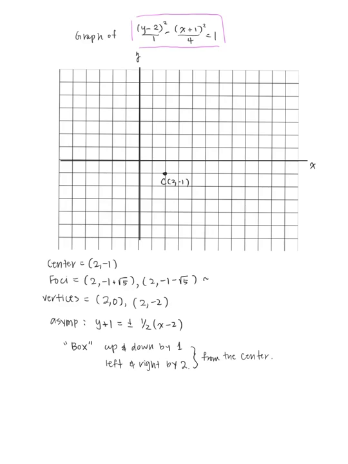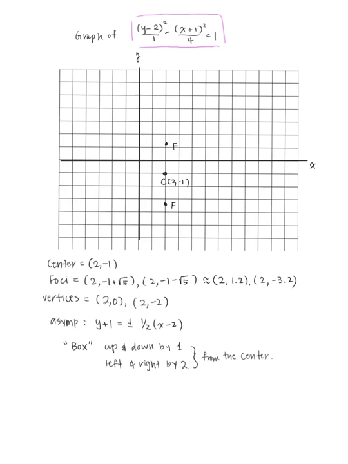So our approximate foci are going to be 2 comma, so negative 1 plus about 2.3, which is approximately 1.2, and then 2 comma negative 1 minus 2.3, which is approximately negative 3.2. Okay, so if I plot that 1.2 maybe right here, I'm going to denote this as 1 focus, and then negative 3.2, 1, 2, 3. Does it look equal distance? All right. Okay, so those are my foci.